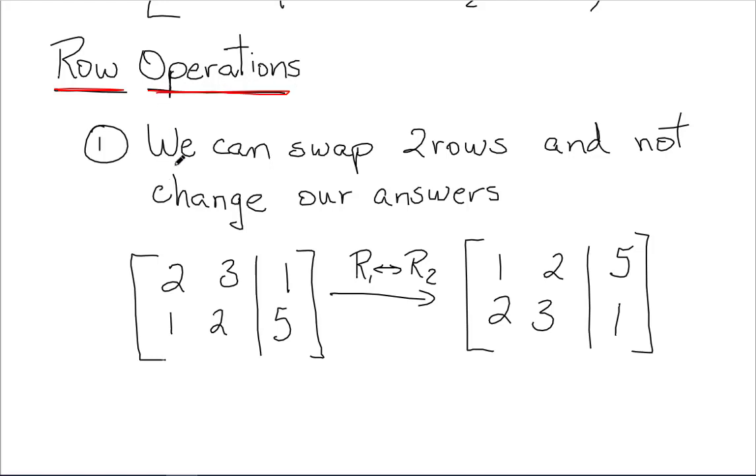So if for whatever reason I'd like to swap 2 rows, in this case I'm going to swap row 1 and row 2. Well, I'll just swap them out. 1, 2, 5 now is the top row. And 2, 3, 1 is the second row. And the interesting thing is it doesn't affect the answers. The answer for x and y still are going to appear in their proper position.